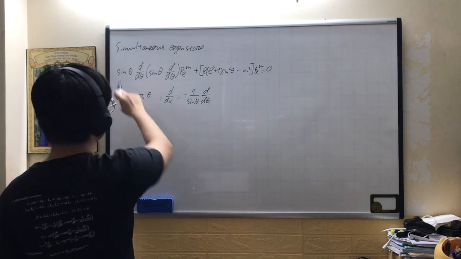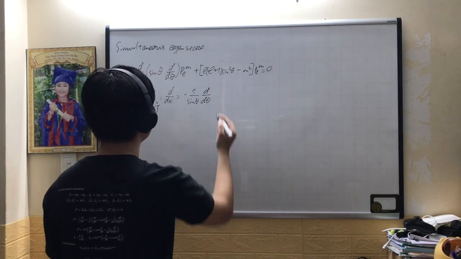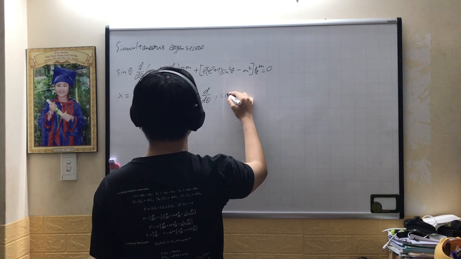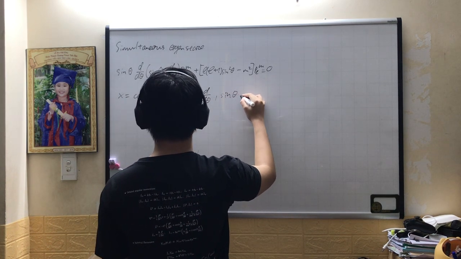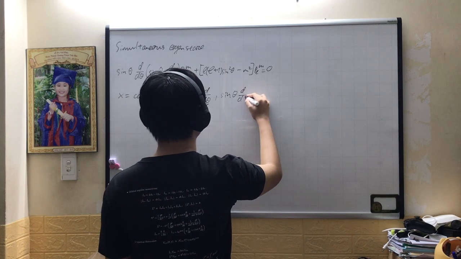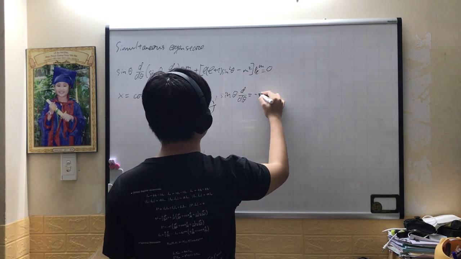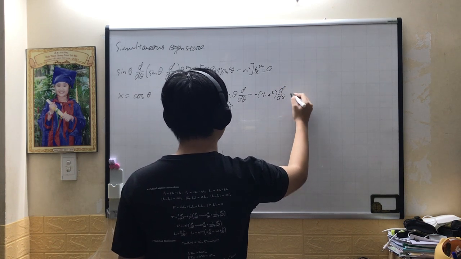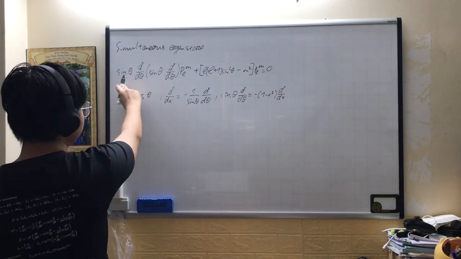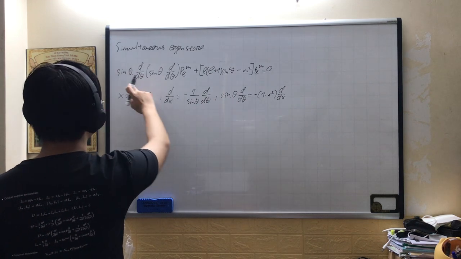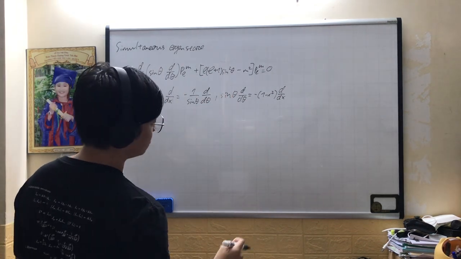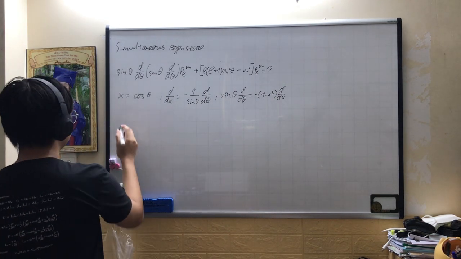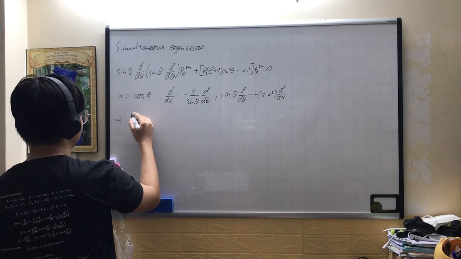Right, so we want this chunk right here. From what we got, you can figure out that sine theta d theta is equal to minus dx over square root of 1 minus x squared. Now we substitute this into these two terms, and both have a minus sign, therefore you can just write the plus sign.